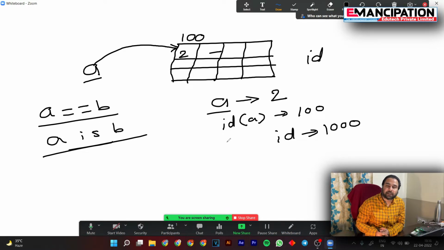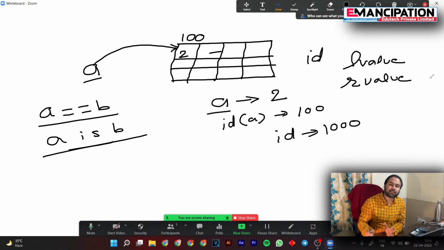So an identifier in Python basically has two things to be understood. One is the address, that is known as the ID. The second is the value. Like in any other language, we say the word L-value, as I am writing on the screen, and we use the word R-value. Unofficially, L-value stands for location value and R-value stands for read value.